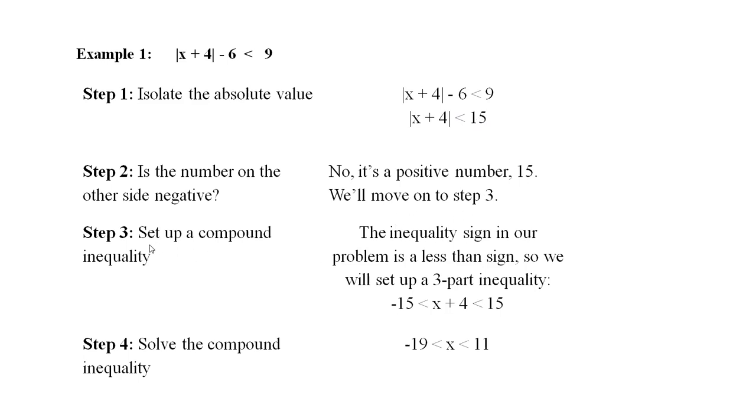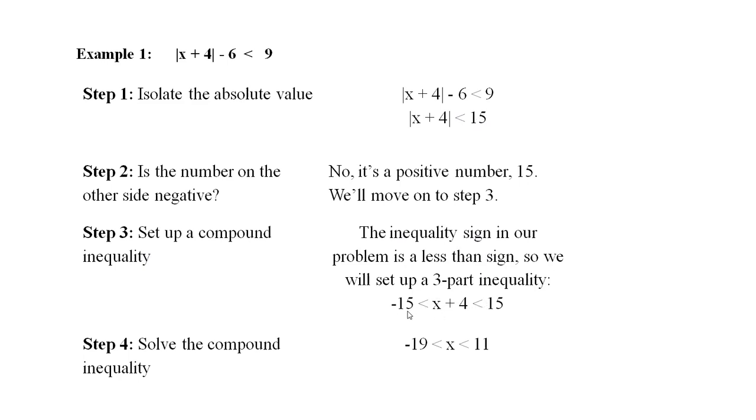Now step 3, set up a compound inequality. The inequality sign in our problem is a less than sign, so we will set up a three-part inequality, means x plus 4 is greater than minus 15 and x plus 4 is less than 15.